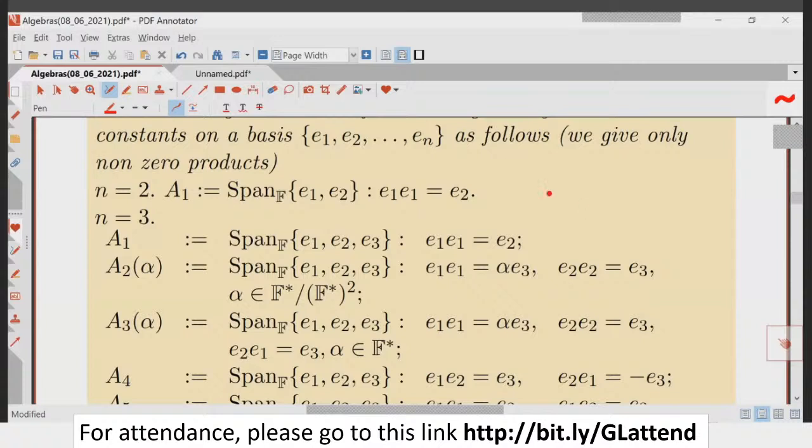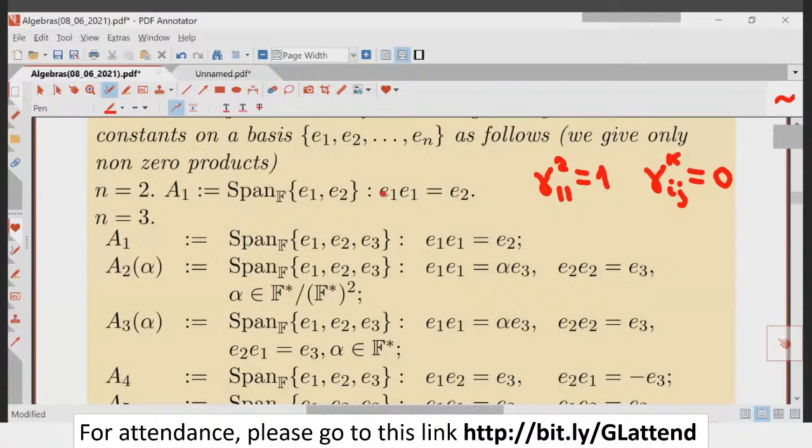So here gamma 112 is 1. All other structure constants are 0. Because here, with respect to that basis you expand, the coefficient of basis vector 2 is 1, others 0, and the coefficient of E1 is 0.